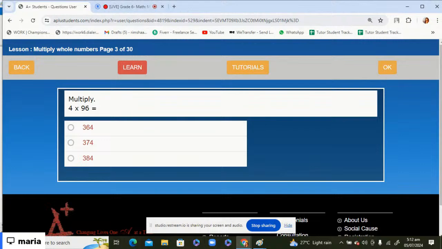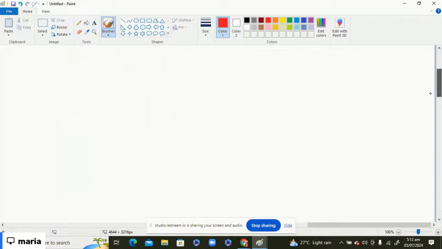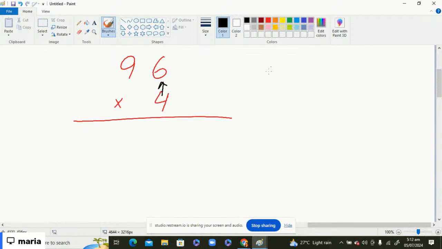Solve one more question. 4 times 96. 96 here times 4. So tell me, first of all multiply the numbers. 4 times 6 is 24.